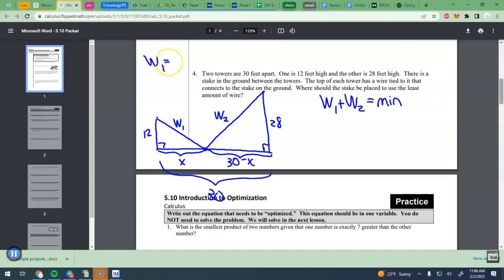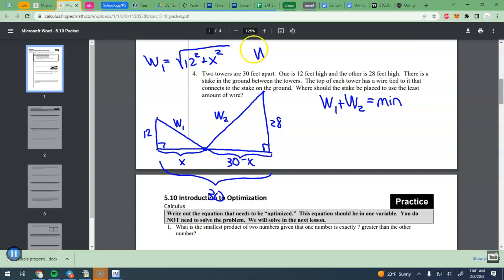And then, couldn't I find W1 using the Pythagorean theorem? So W1 is going to be the square root of 12 squared plus x squared. Is that fair enough? Or should I write out how I got to that? Somebody say something. Okay.